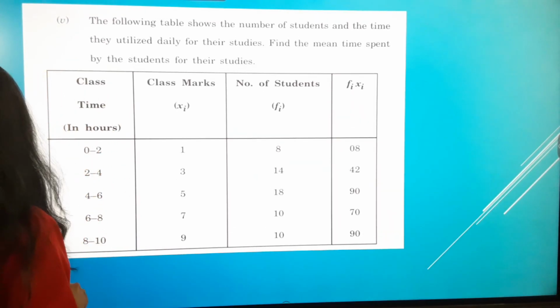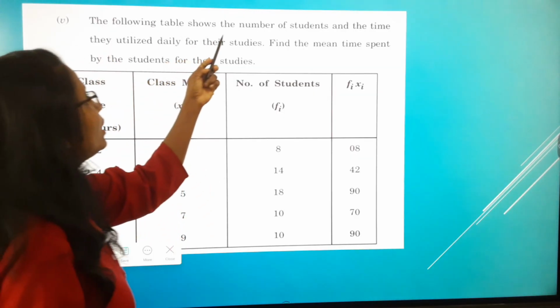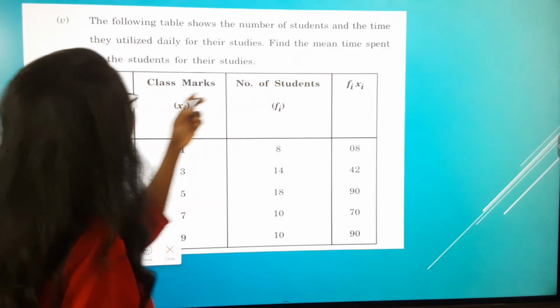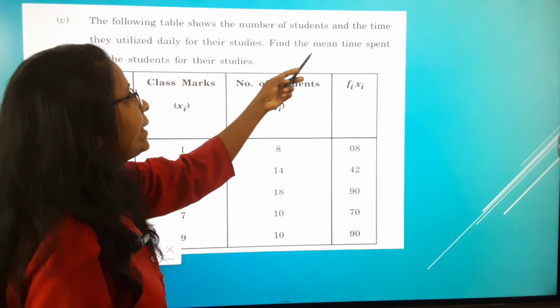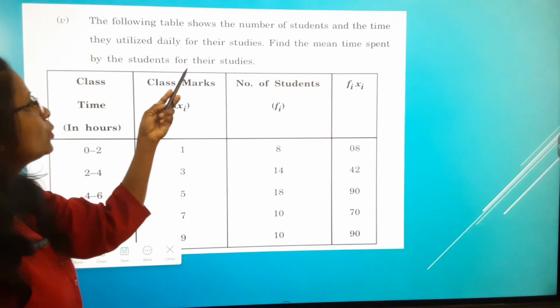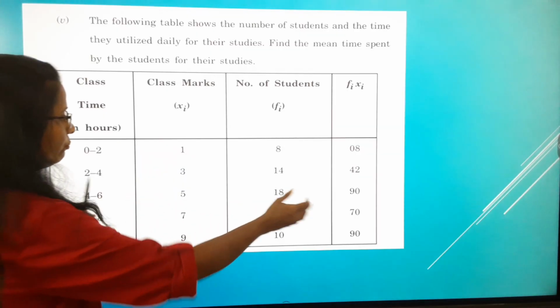Now the fifth one is: the following table shows the number of students and the time they utilize daily for their studies. Find the mean time spent by the students for their studies. Okay, there are 4 columns.